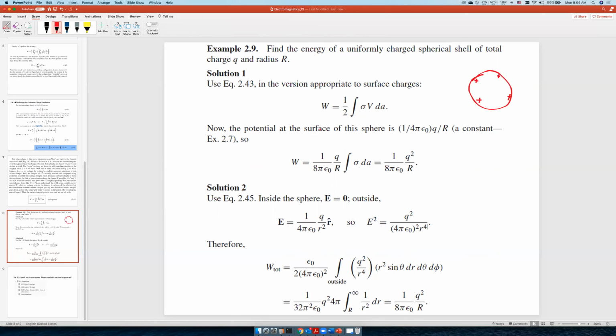And then the potential at the surface of the sphere is calculated in this equation, which has been calculated in previous chapters. You can check equation 2.7, or exercise 2.7, and then you can easily calculate this integral, and the final answer is here. This is the first way.